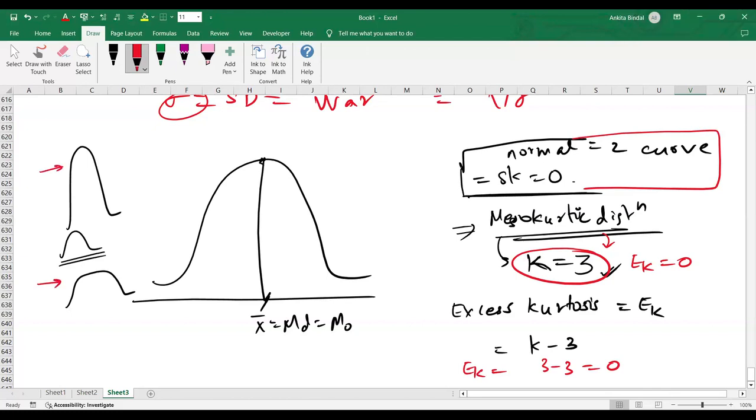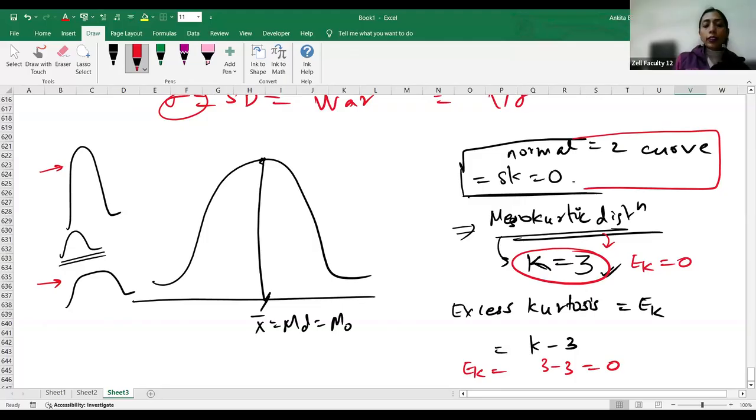So how is 3 derived, ma'am? Is there any logic? How do we correlate the 3 in a logical way? What is the reason? No, actually, there is a formula to compute kurtosis, and the kurtosis is calculated using this formula.